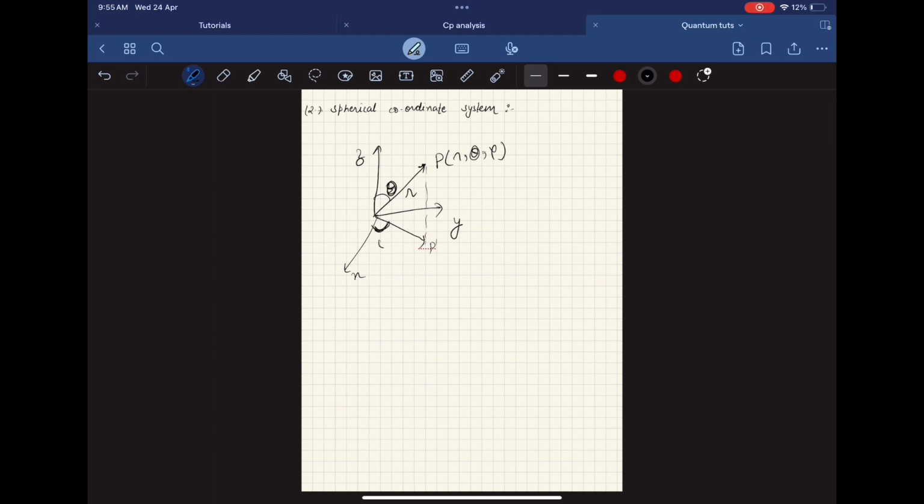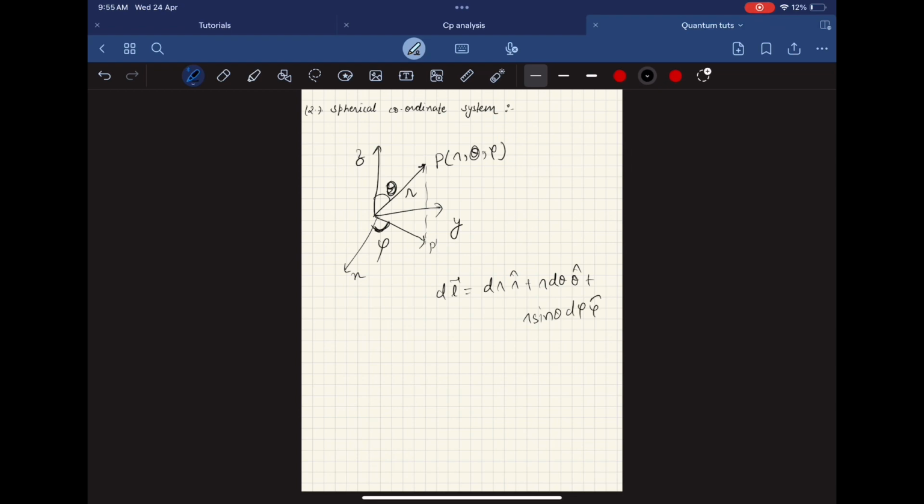Okay, so here we write dl vector equals dr r-cap plus r d theta theta-cap plus r sin theta d phi phi-cap.